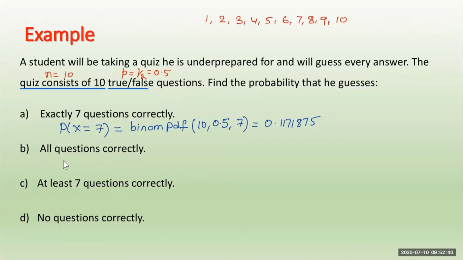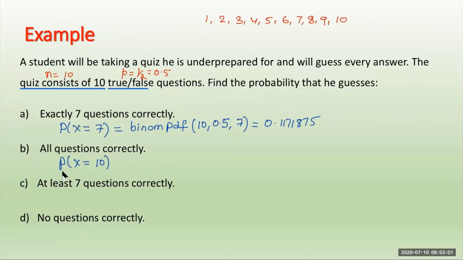Now in the second question, we have to find the probability that they answer all questions correctly. So this is the probability that x is equal to 10. If they are underprepared, the probability that they will answer all 10 questions is unlikely.